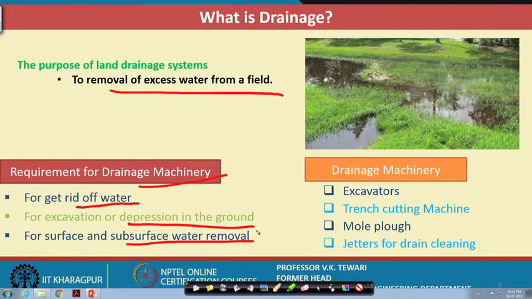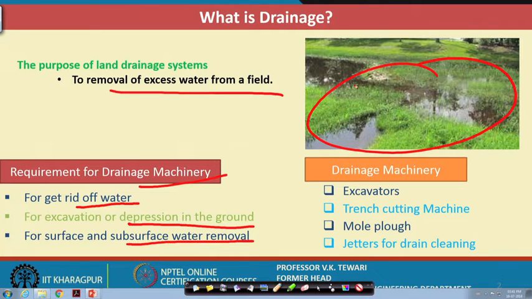You see the photograph shown here. Just see the amount of water over here. Sometimes this water is of no use. It may harbor lots of insects and disease-carrying bacteria, which we would not like to have, and we would like to remove it.